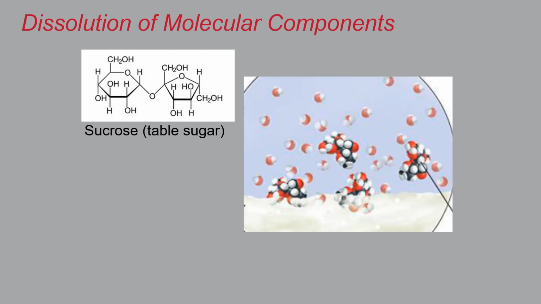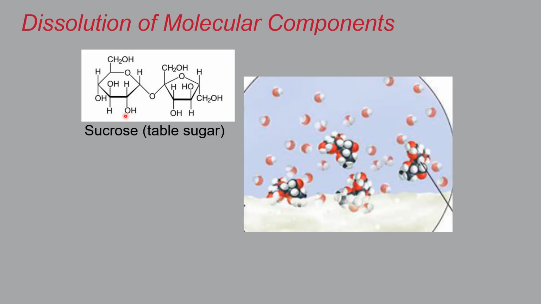Now let's talk about the other example that we had in that opening picture, the table sugar, the sucrose. This is a representation of the structure of a sucrose molecule. It has two rings joined by an oxygen. In the solid form, these molecules have some weak attraction to the neighboring sucrose molecules, which is how the solid forms.